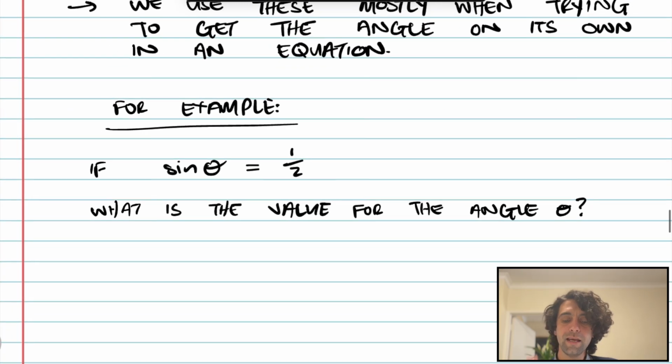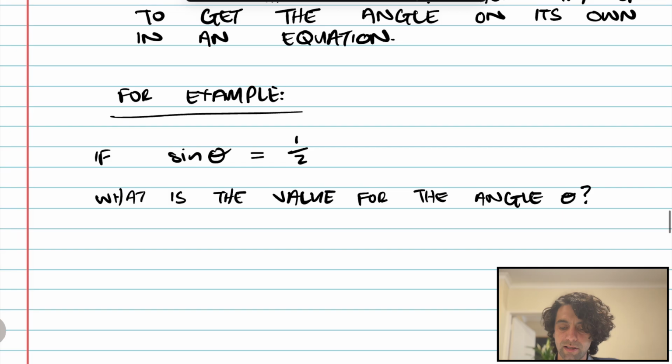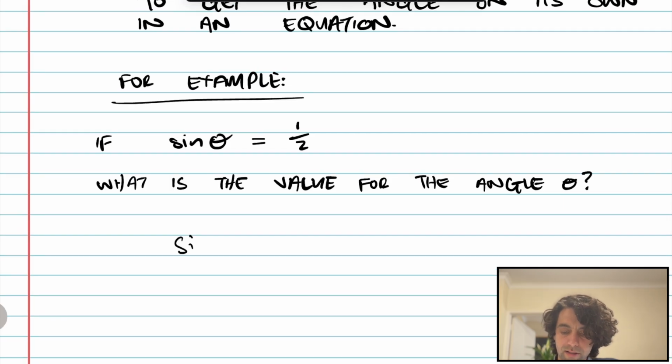So, for example, if we have sine of theta equals a half, let's say that we're given a triangle, we know that the opposite is equal to 1, the hypotenuse is equal to 2, then what is the angle? So I come up with this equation from my SOHCAHTOA. Sine of theta is equal to a half.